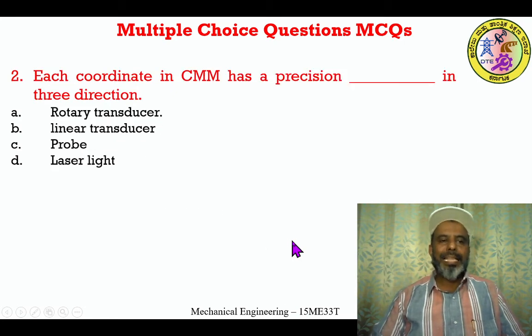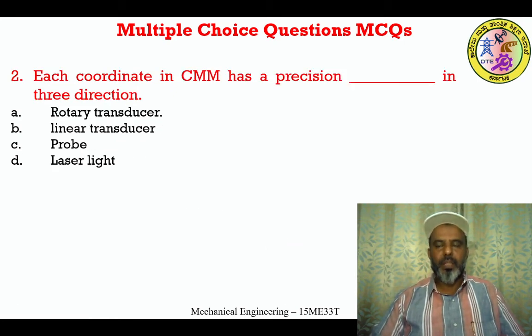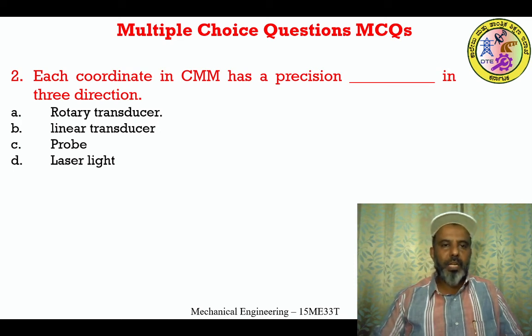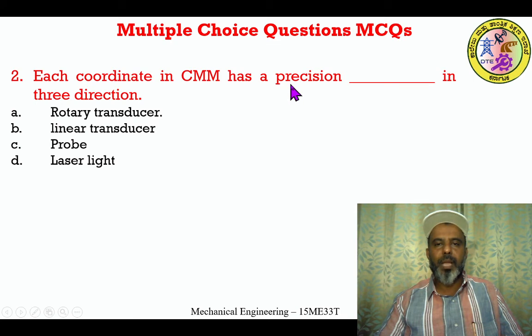Now, the second question. We should know that each coordinate in a CMM has a precision in dash 3 direction. It means what you are going to have mounted. The answers are: A, rotary transducer; B, linear transducer; C, probe; D, laser light.